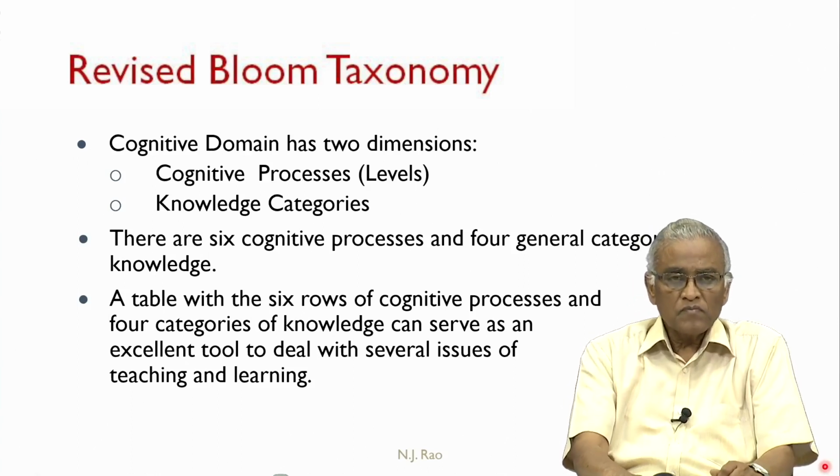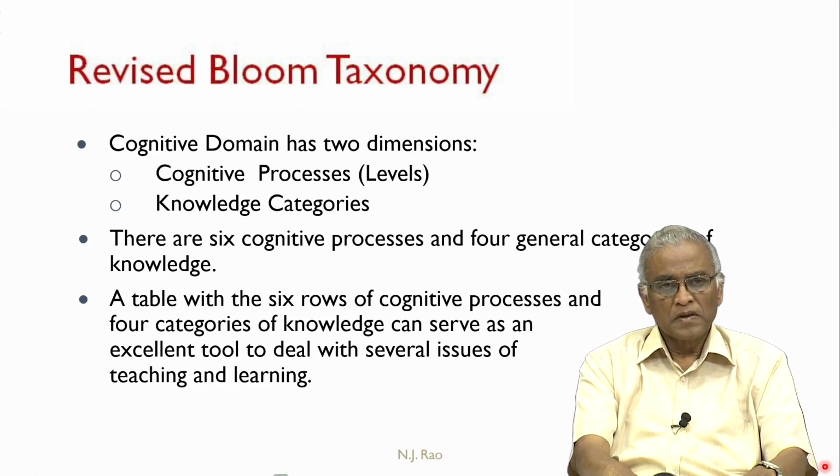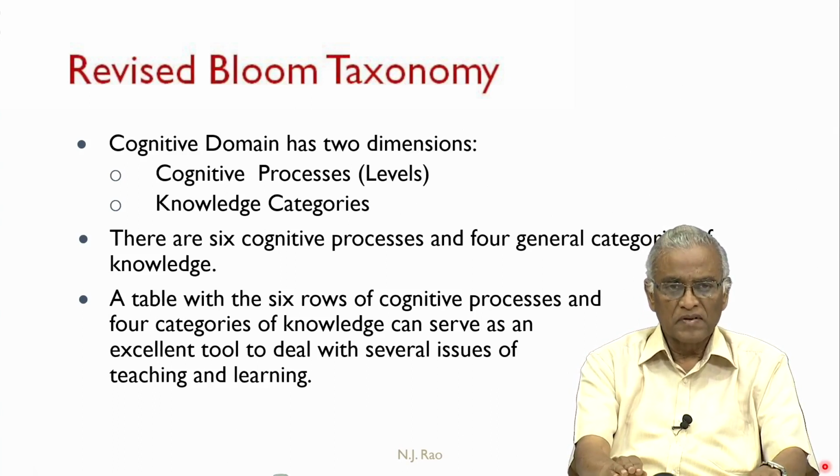Now, once again to recapture, we called it the revised Bloom taxonomy, and the cognitive domain has two dimensions, namely cognitive processes, sometimes we call them cognitive levels as well, and knowledge categories.